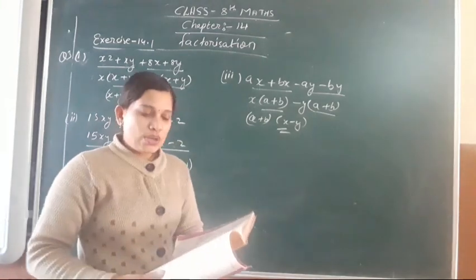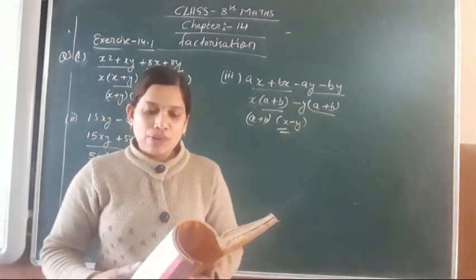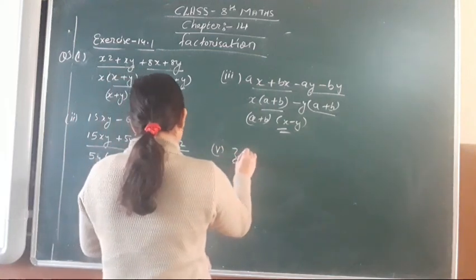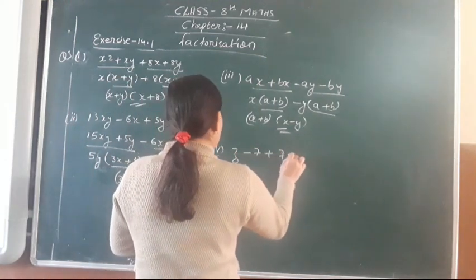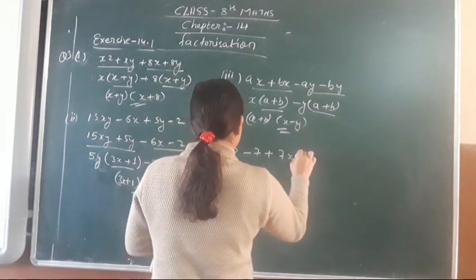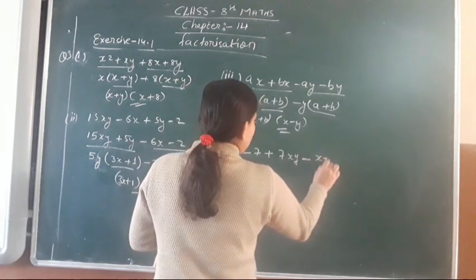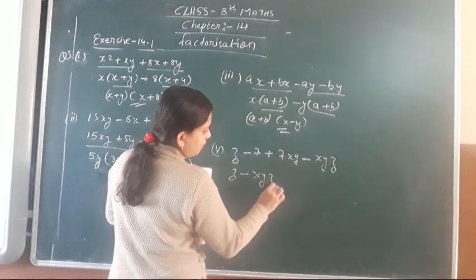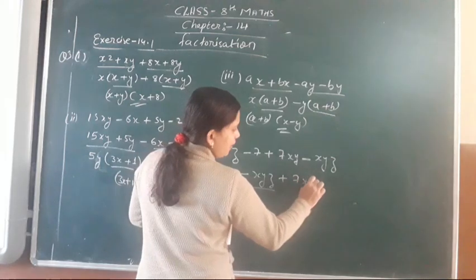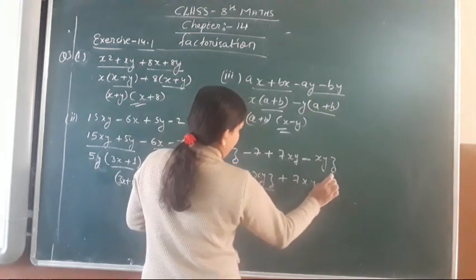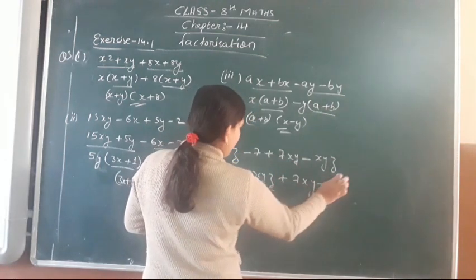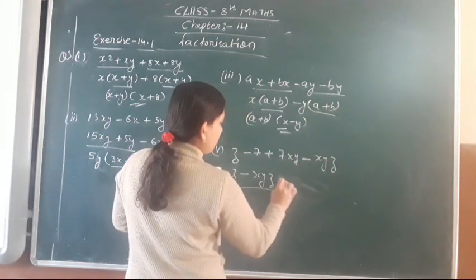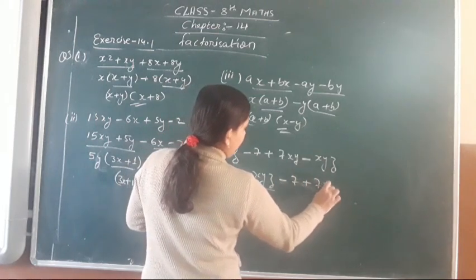So have you understood? So dear student, in this way you have to do. One more question I will do for you, that is the fifth part. That is z minus 7 plus zxy minus 7xy. So making the pair of the first term and the last term, plus 7xy, minus 7xy.